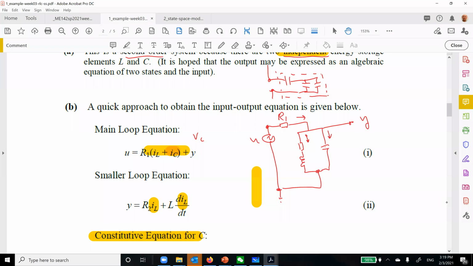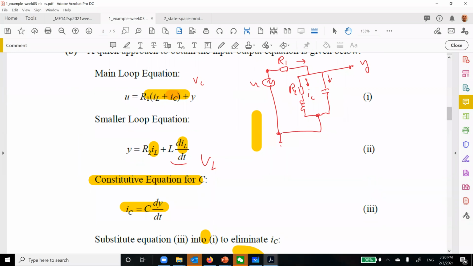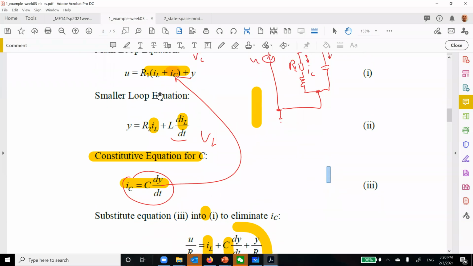For the smaller loop, then you have a voltage here, Y equals IL times this R2, and L di/dt is my VL, okay? Then I have these two together by the constitutive equation for C, C dy/dt is IC. So you put this IC inside here. Then you end up with U divided by R1.